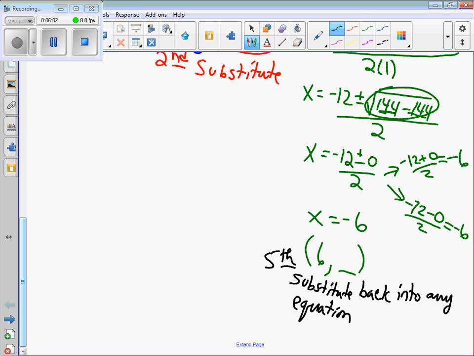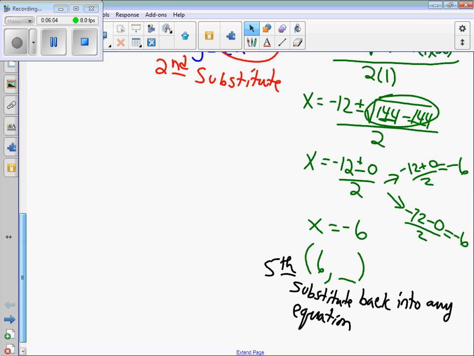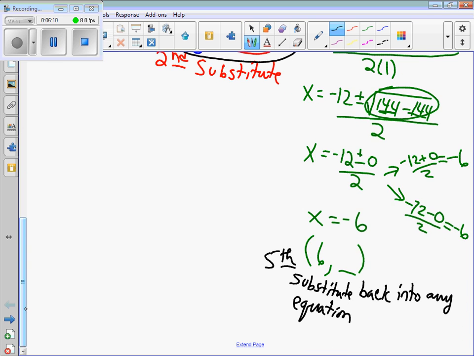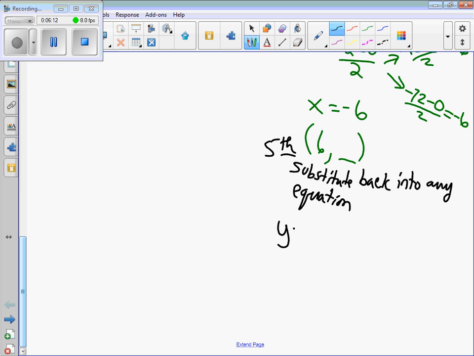So the one I solved for y is right here: y equals 1/2 x plus 2. So we substitute that in. y equals 1/2 the x, which is -6, plus 2. Half of -6 is -3, plus 2 is -1. So my y value is -1. (-6, -1) is my solution.